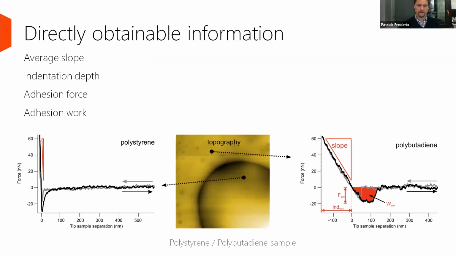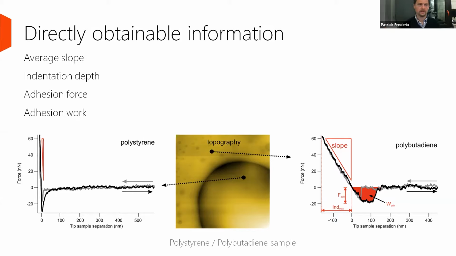Here you now see an example of some real curves. Before were just model curves. These are two measurements done on a polymer mixture of polystyrene and polybutadiene. And what you immediately see in the force curves is that they are different.